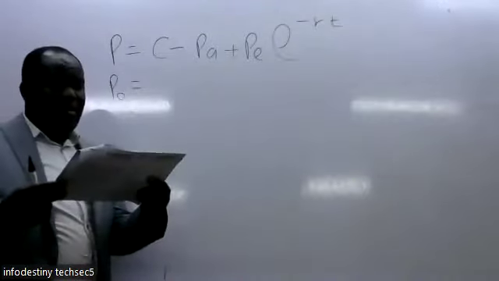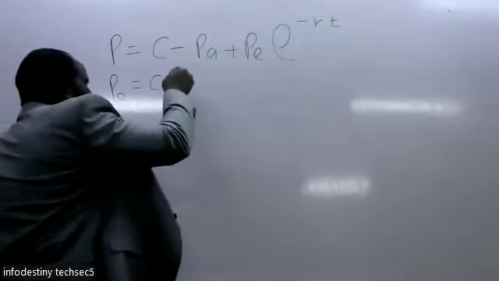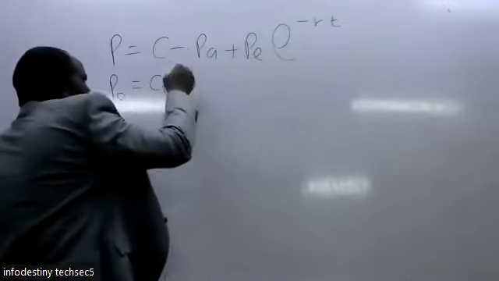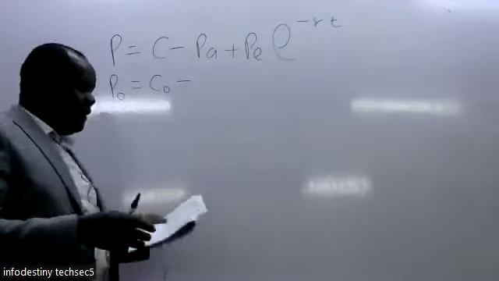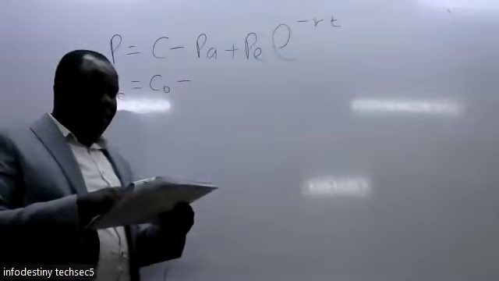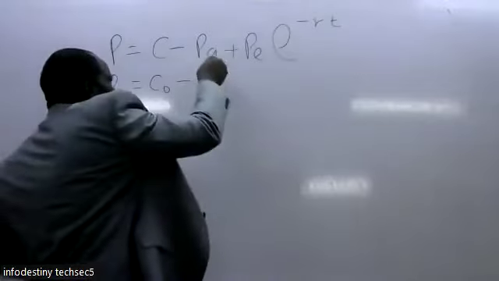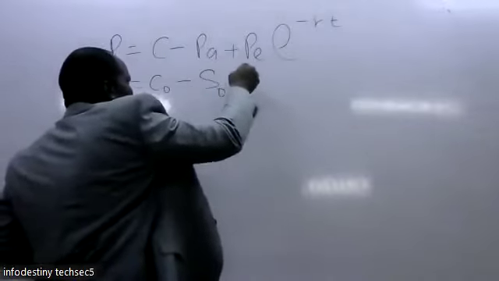Then the call price is CO. You want to make it appear like our model. Then the current stock price, for them the current stock price is SO. So this one is the same as SO.